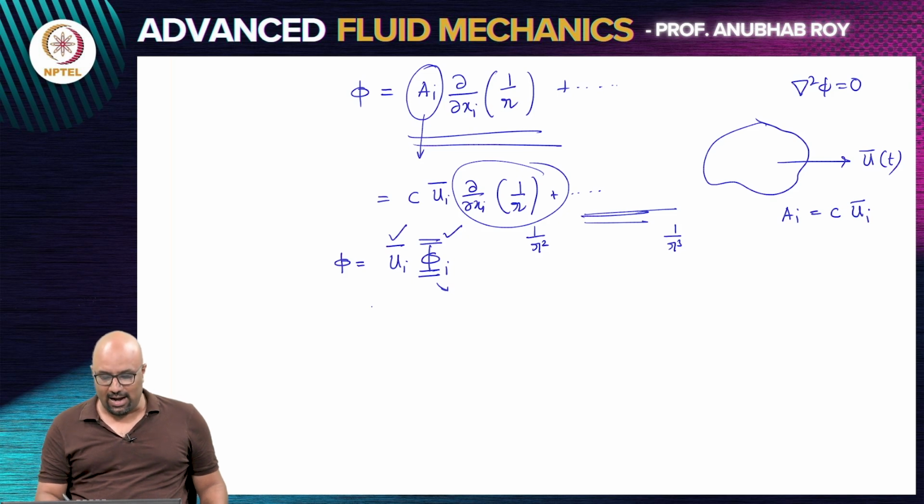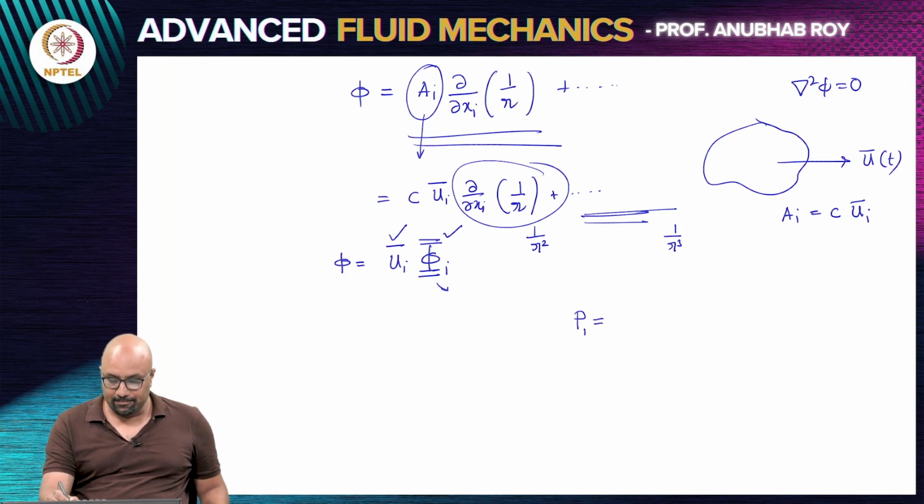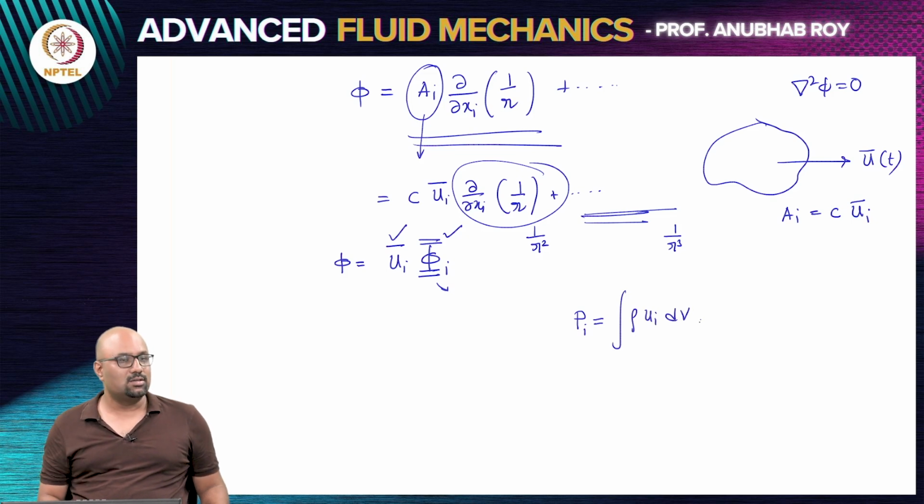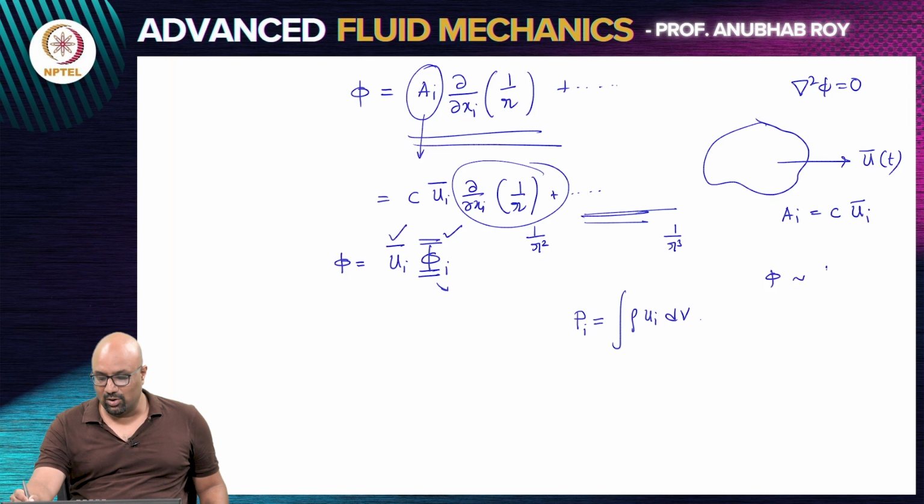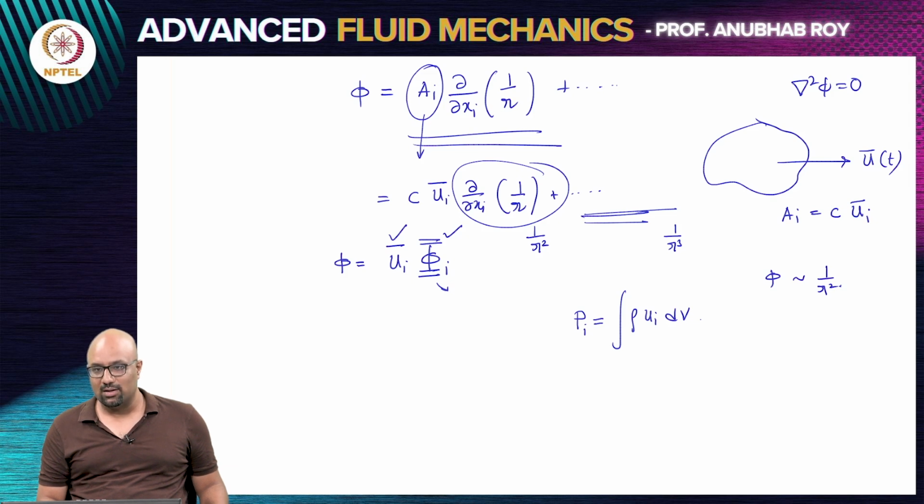And I am leaving at one simple point here, that now that we have an idea of this potential, what would be the momentum for this problem? So, you said the potential is going to go as 1 over r square far away. The velocity potential decays as 1 over r square, which means the velocity will decay as, velocity is a gradient of potential, right.